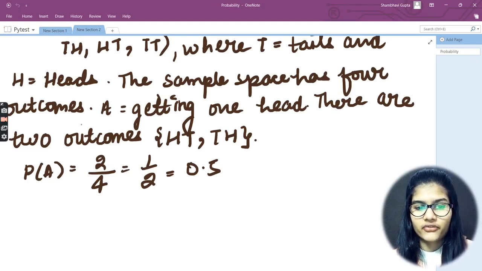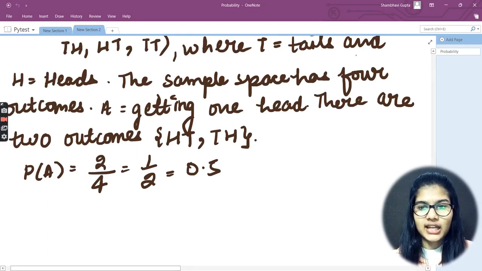Further I have 0.5, and the probability of A is 0.5, so that means it is equally likely to happen, right? So this was what we just discussed as well. I hope I am pretty clear with this example which I have taken up here.